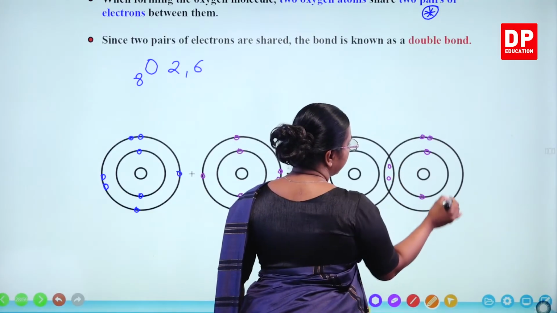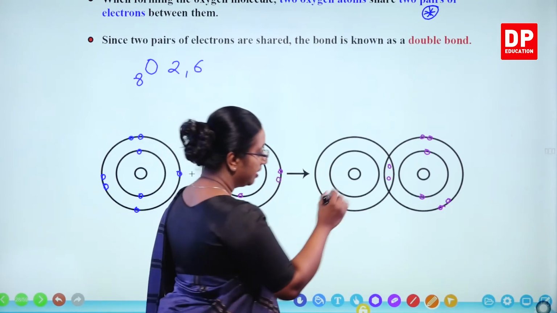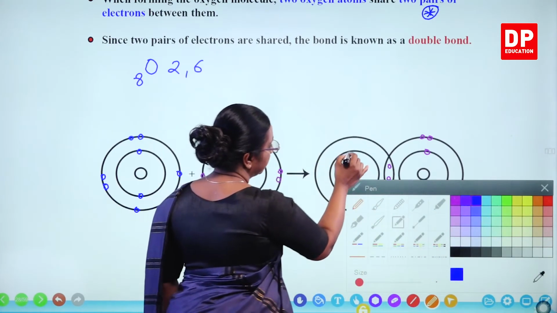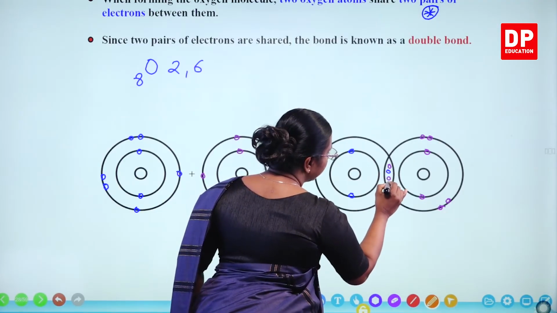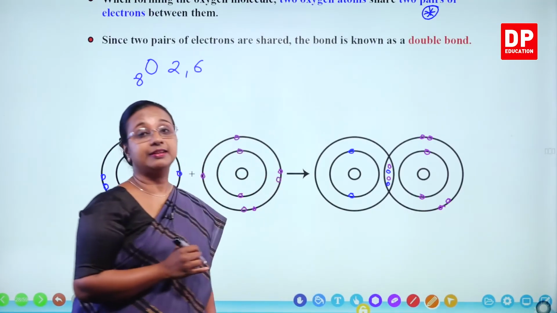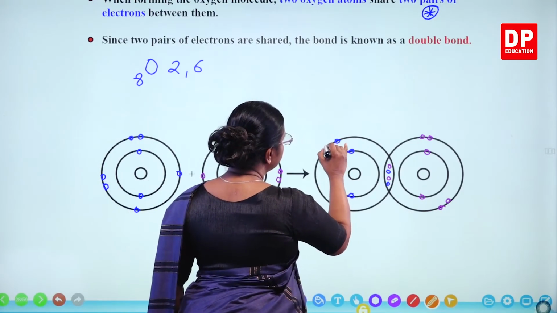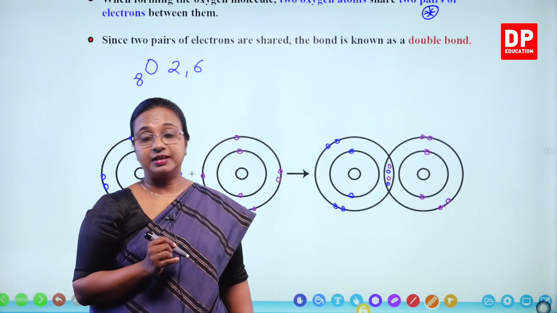So there are another 2 pairs of electrons. With that, electrons from the other oxygen, that also has 2 electrons there. Then it is going to give 2 electrons for bonding. And here there are 2 non-bonded lone pairs of electrons.